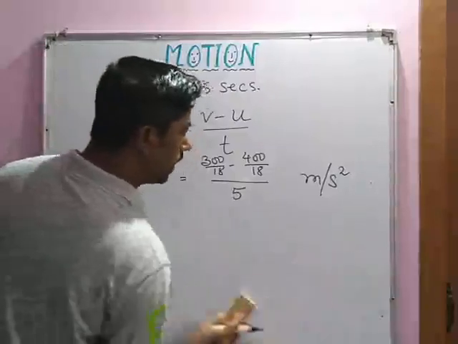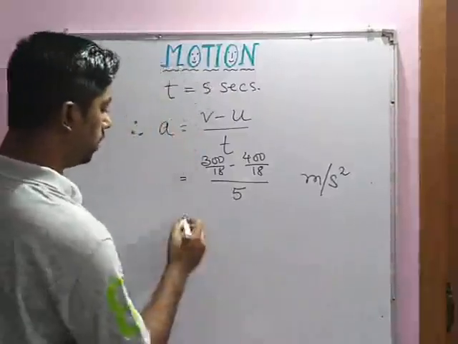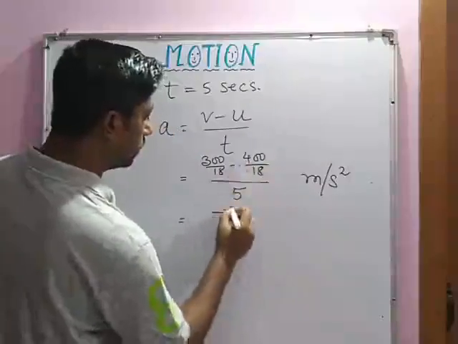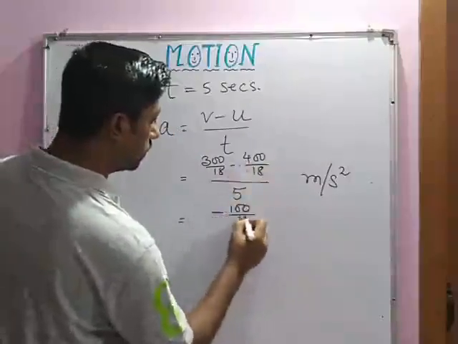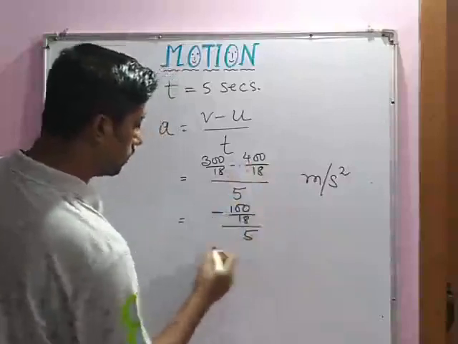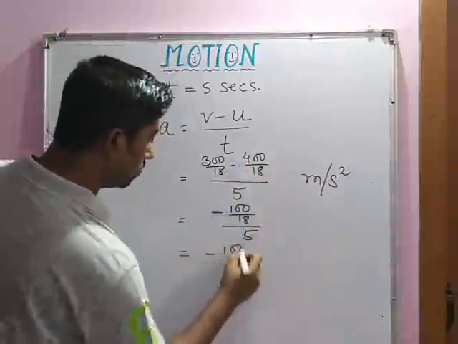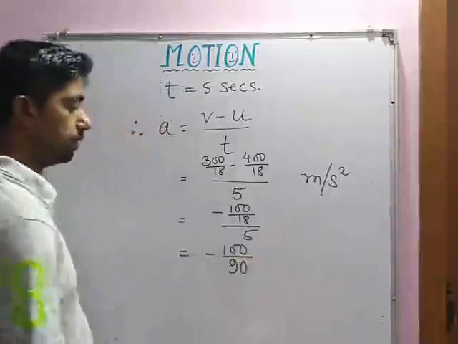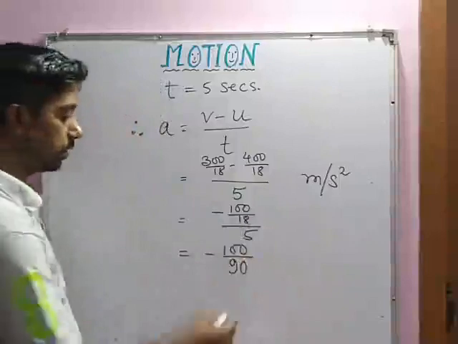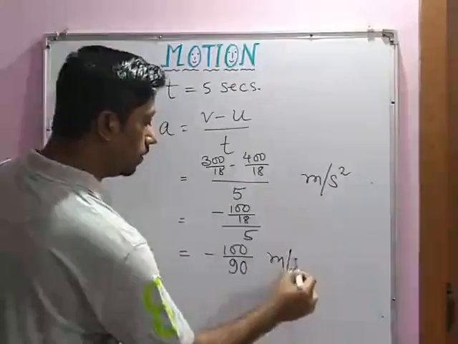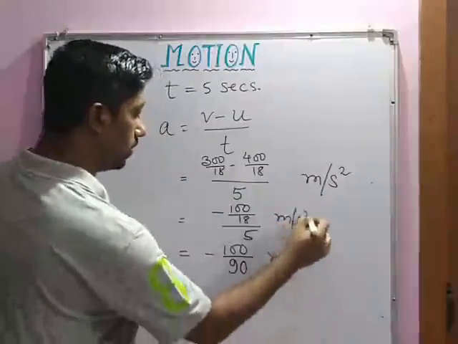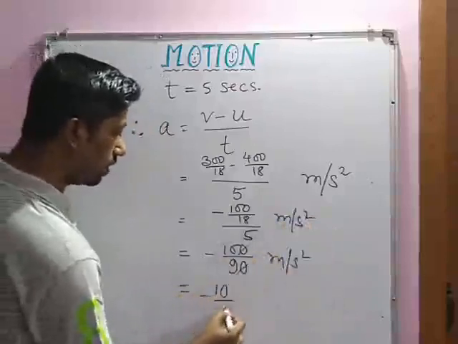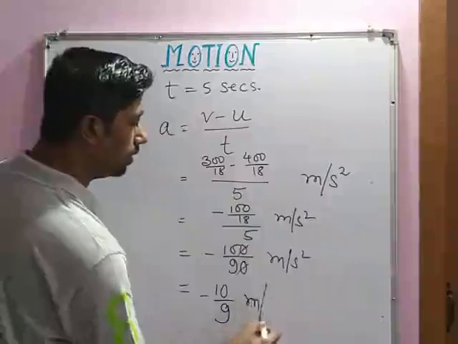So if you calculate this, in meter per second square, this gives us a result of minus 10 by 9 meter per second square.